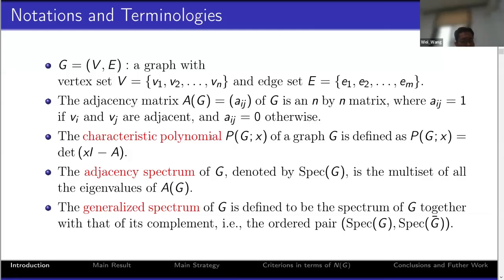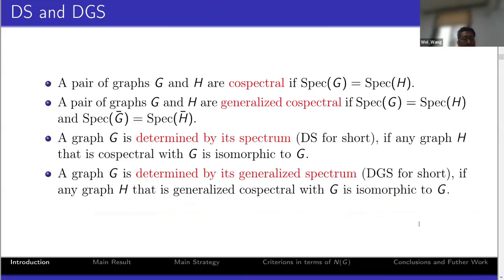And also we have the adjacency matrix and the adjacency spectrum, the spectrum of the adjacency matrix. And the generalized spectrum of the graph G is defined to be the spectrum of G together with that of its complement, so it's an ordered pair. We use this notation to denote the generalized spectrum.